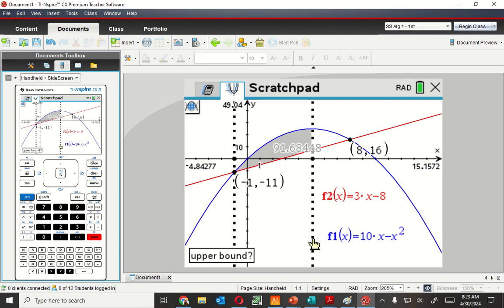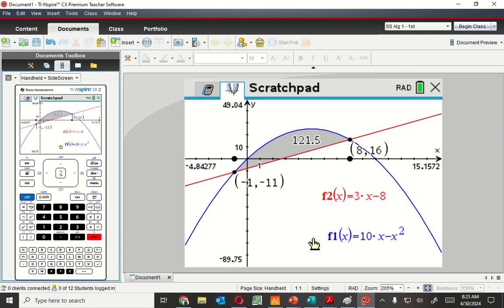And my upper bound is going to be +8. Just hit the number 8 and hit enter. Got it. 121.5.